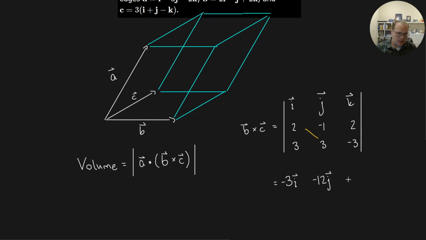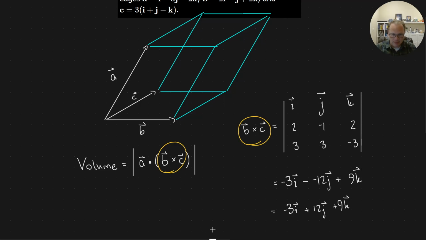So that's 9. 9k, make sure you alternate signs. Plus in front, minus in front, plus in front, right? So that means just a minus there, plus there. And I get negative 3i plus 12j, with a double negative there, plus 9k. Okay, that's b cross c, that's this guy.